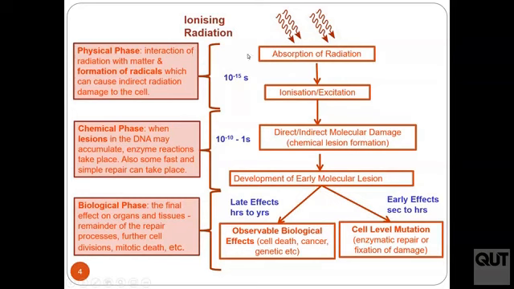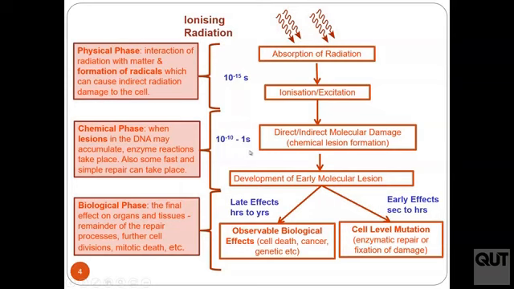So the first thing we have is the physical phase. This is the interaction of the radiation with the matter, the formation of radicals, and that can lead to damage to the cell. Then there's a chemical phase, so that's damage caused by these radicals, which interacts with the DNA within the cell.